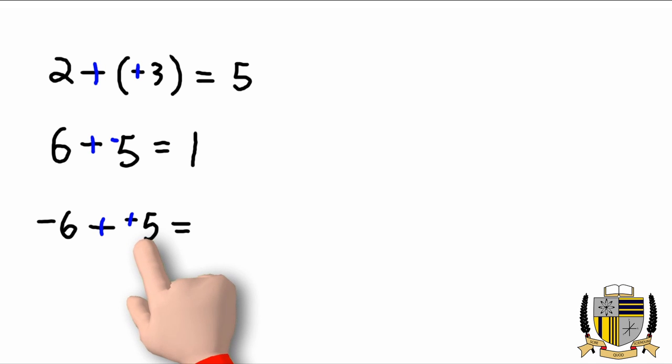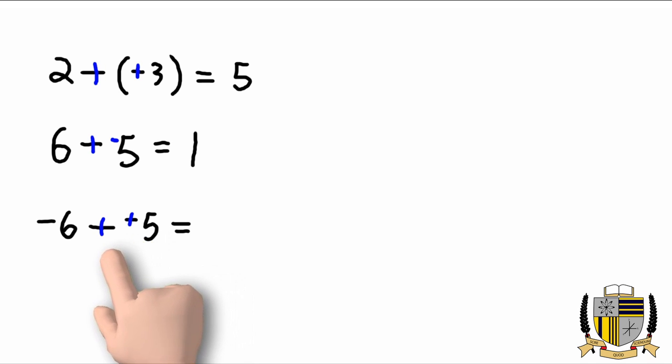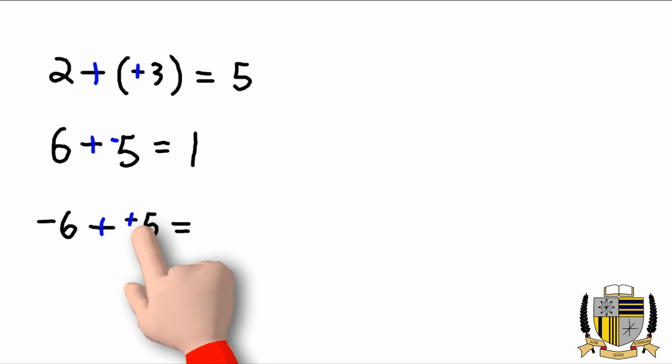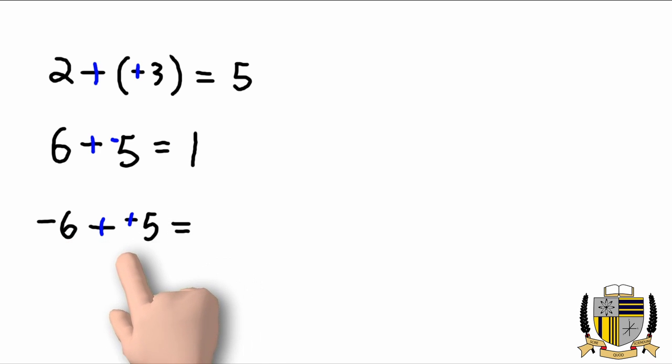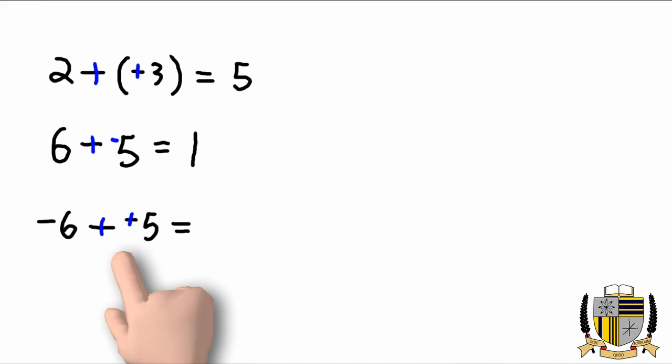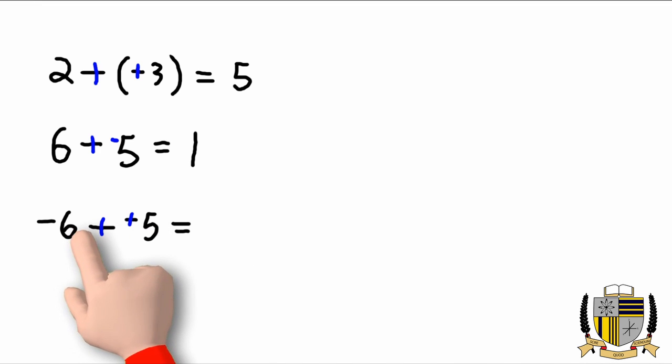And now we apply the addition rules. What we have now is an addition of opposite signs. And that rule is, remember, the larger number determines the sign of the answer.